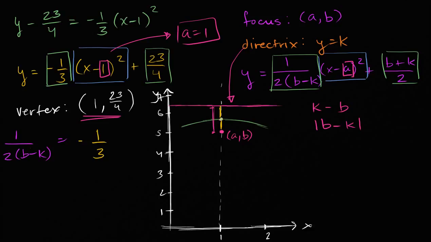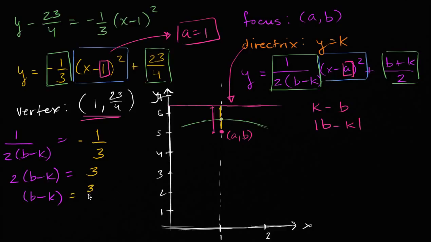We could take the reciprocal of both sides, and we get 2 times b minus k is equal to 3. Now we can divide both sides by 2, and so we're going to get b minus k is equal to what is that? 3/2.